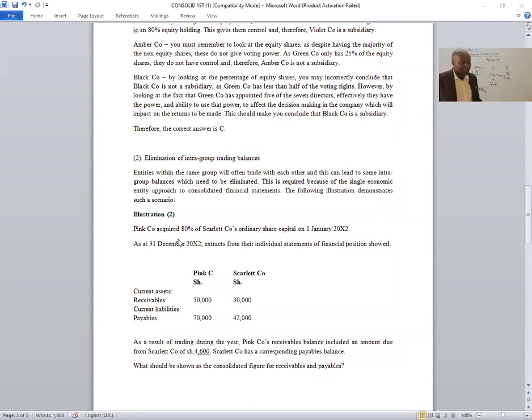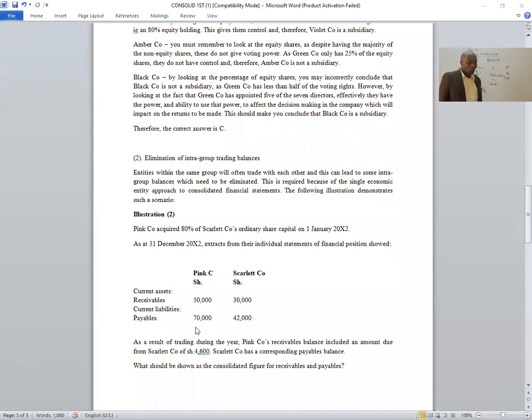At 31st December, extracts from their individual statements of financial position showed we have current assets, receivables, 50,000 for Pink, Scarlet 30,000, and because these are a subsidiary and a parent, from the group eyes, we have to add the two. The same case here with payables, we must add them.